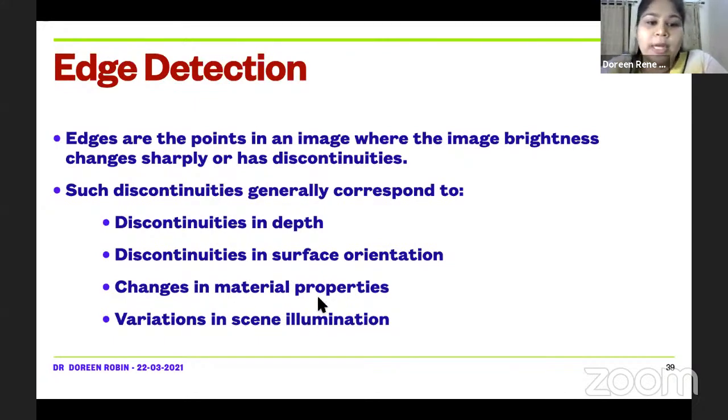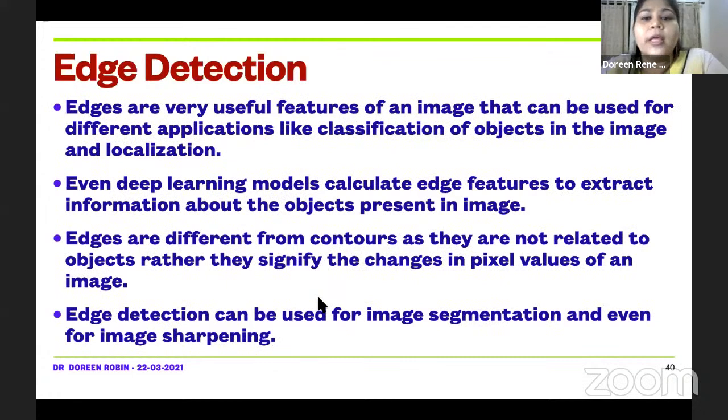These are very useful features of an image for classification of whether disease is present or not. Even in deep learning models, edge features extract information about the presence of an object. That is why I shared an image, Y1, which is an MRI of a brain that carries a tumor.